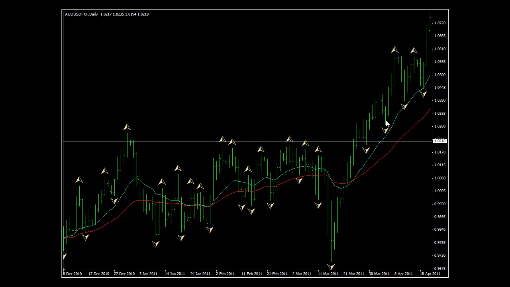When this fractal low forms and it trades higher, once you take out profit, take 70% off, wait for this fractal to form, your stop would remain down here. When this fractal low forms and trades higher, your stop loss still remains down here.